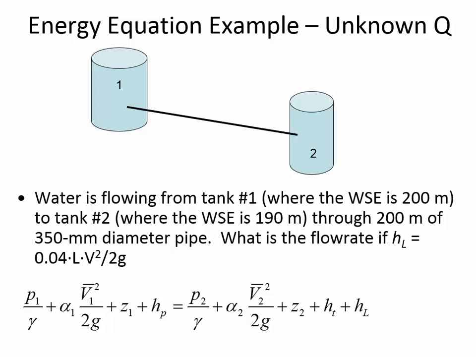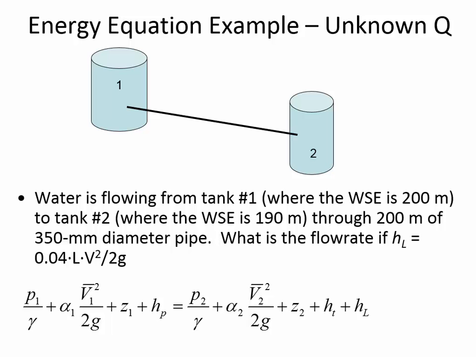So, what's canceling out? The pressure head term is 0. The velocity head term is 0. We're given the elevation. There's no pump. The pressure at 2 is 0. There's no velocity at 2. We know the elevation. There's no turbine. So the only thing that's left is this head loss term. So in other words, the energy equation is simplifying down.